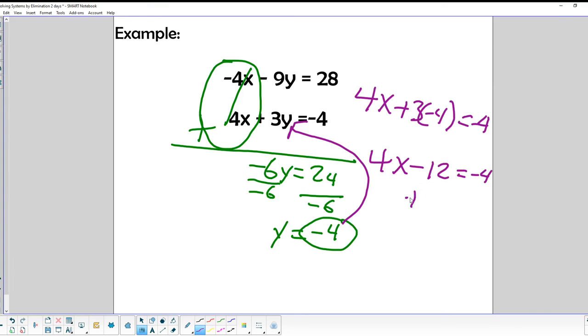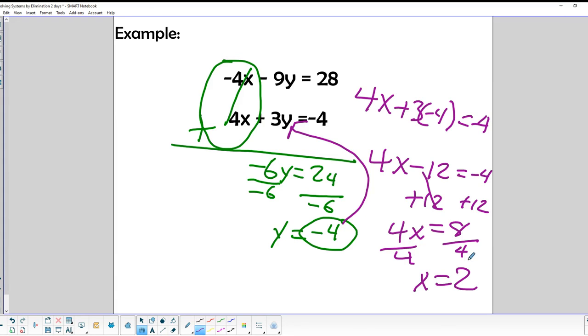I will add 12 to both sides. I will end up with 4x equals 8. Then I divide both sides by 4, and sure enough, x equals 2.